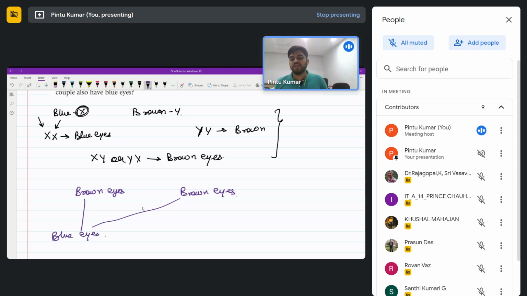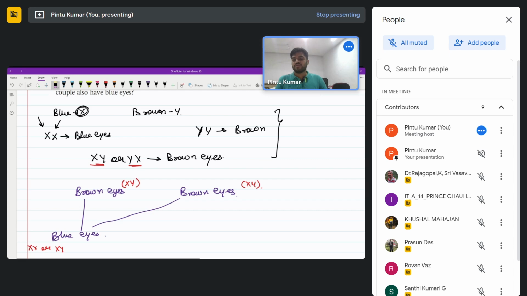So how is this possible? This is possible only if both the parents had XY, that is, they both had the XY form of gene. Otherwise, this child would have landed as XX or XY, which would have meant that he would have brown eyes.